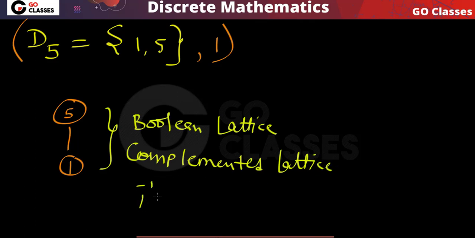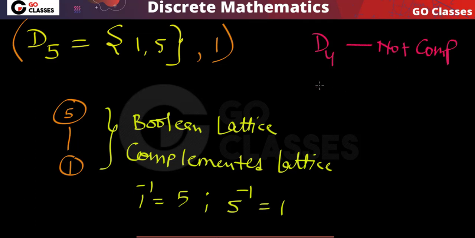Why? Because every element has at least one complement. The complement of 5 is 1. So D4 is not a complemented lattice, but D5 and D6 are complemented lattices.